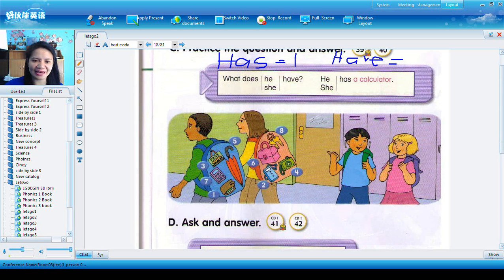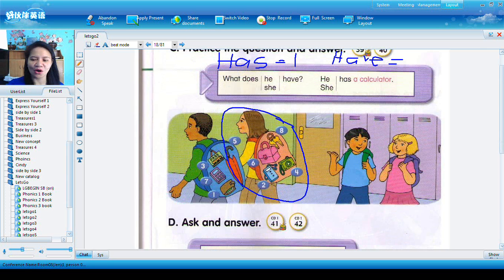What does he have? You'll say, he has a calculator. And what does he have? You'll say, he has an umbrella. Very good. Now let's move and talk about what does the girl have.